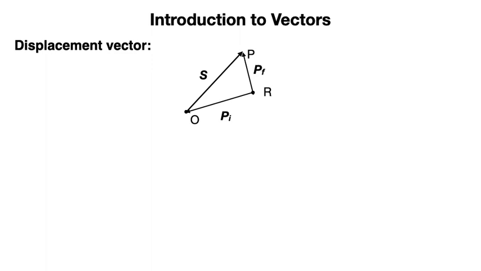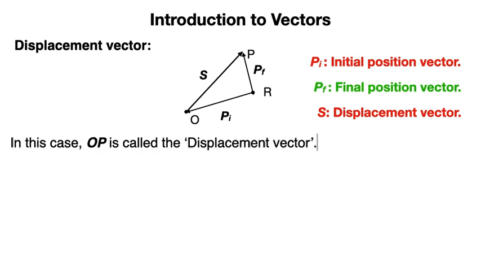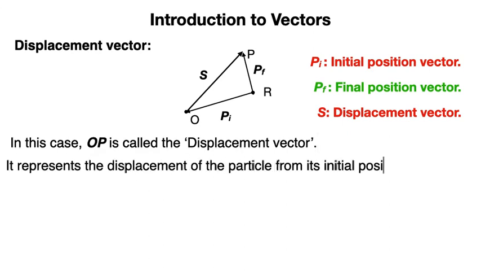The diagram for your reference again. It represents the displacement of the particle from initial position to the final position. OP is the displacement vector.